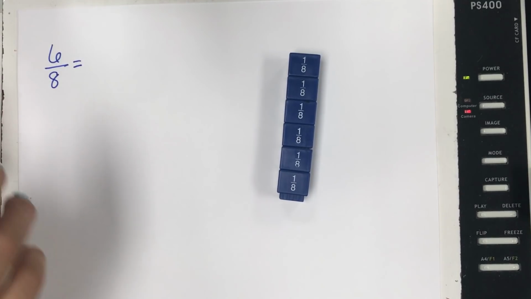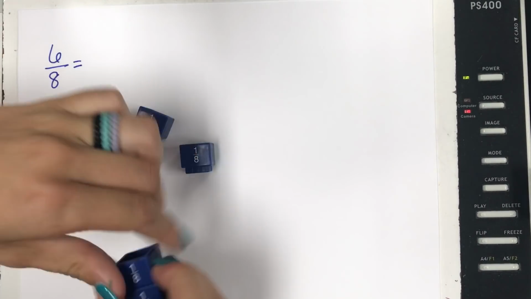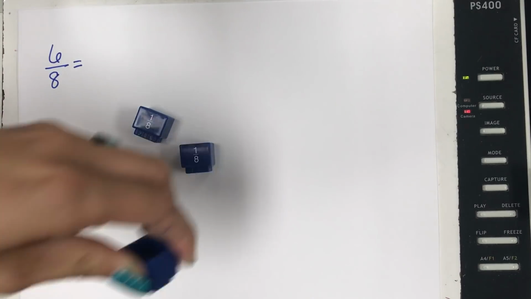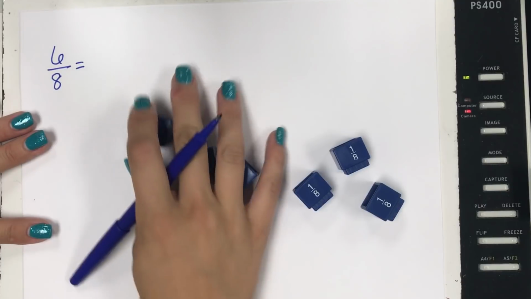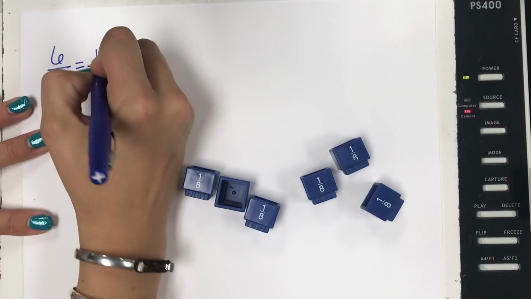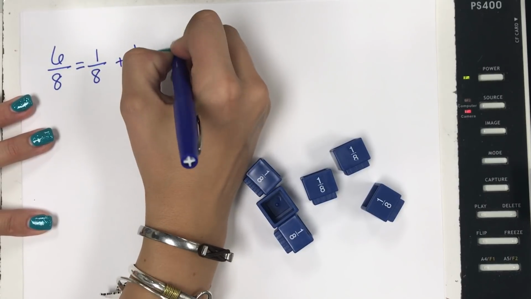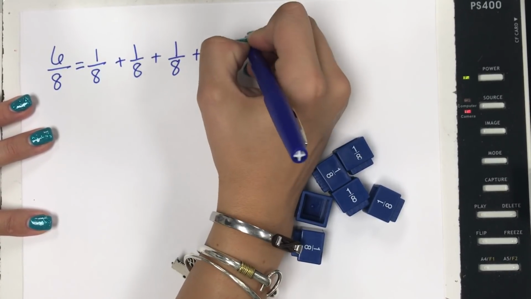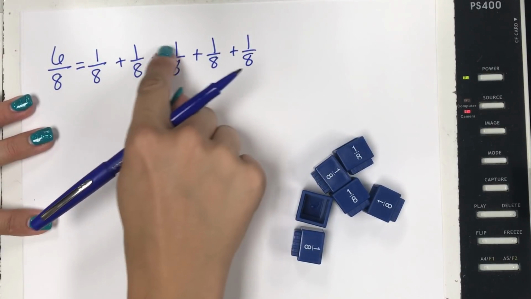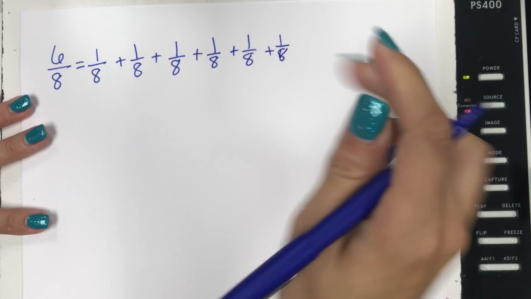One of the best ways to decompose your fraction the first time is just to go ahead and break it into those unit fractions. So I would have 1/8 plus 1/8 plus 1/8 plus 1/8 plus 1/8, 1, 2, 3, 4, 5. There we go, 1/8.